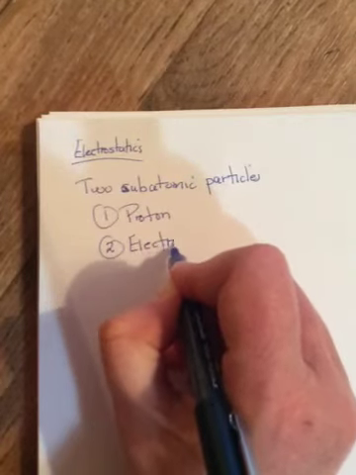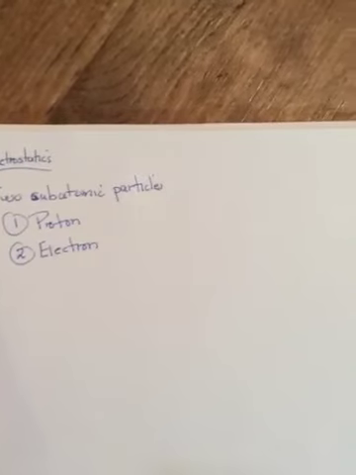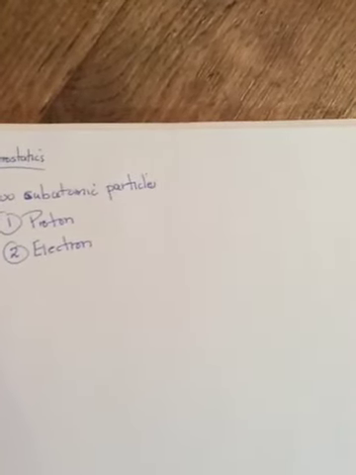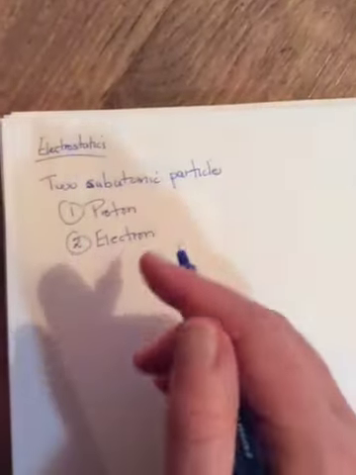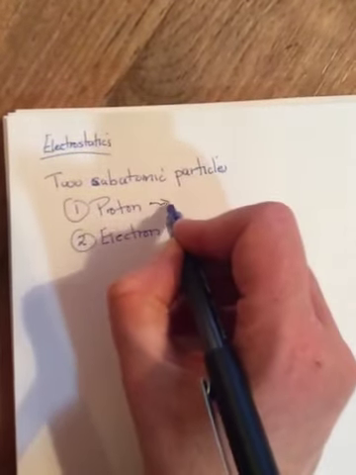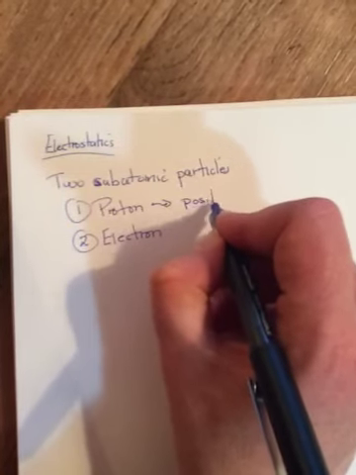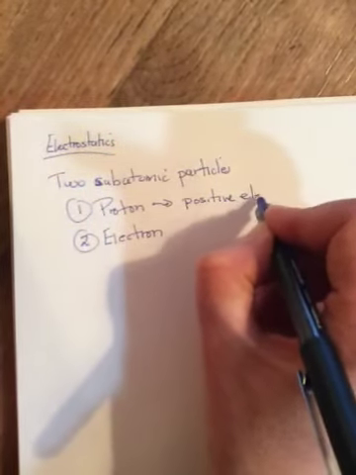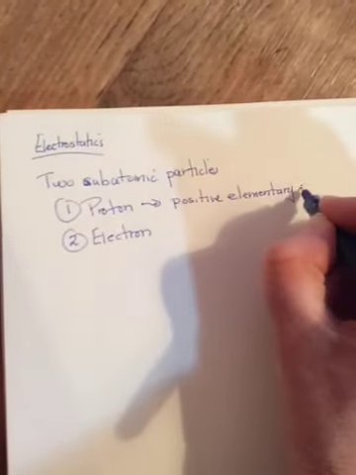Now, unfortunately, that's incorrect. They're not really elementary charges. You could actually have charge smaller than that, but we didn't know that when we named them elementary charges. So we still call them that. The proton is a positive elementary charge, and the electron is the negative.